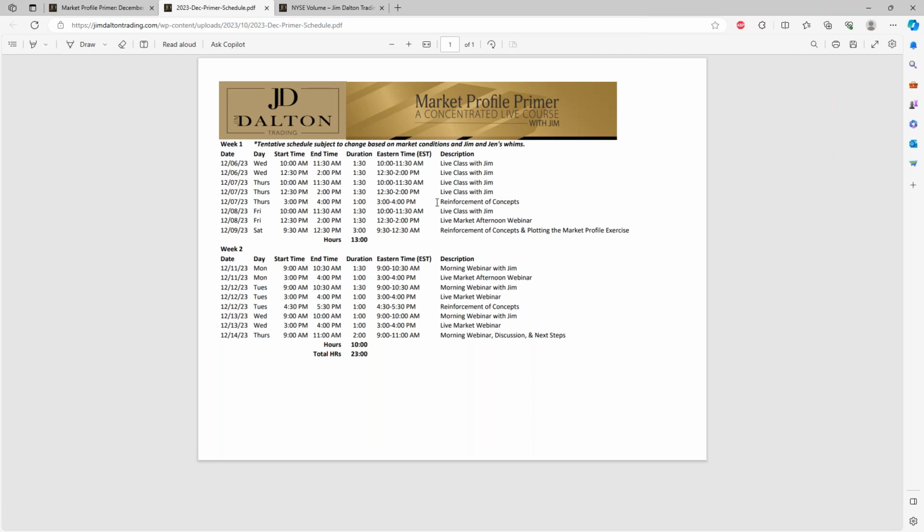And then on that Saturday, we do a reinforcement of concept session first, and then we'll do the plotting of the market profile exercise semi-manually, so that people can learn how to do that. And like I said, that's really great if you don't have market profile charts yet, or maybe you don't want to pay for market profile charts.